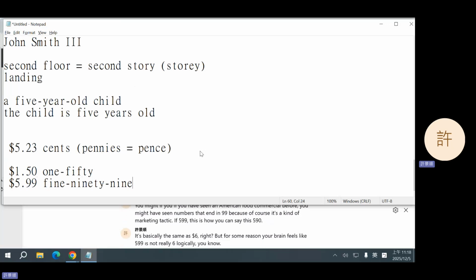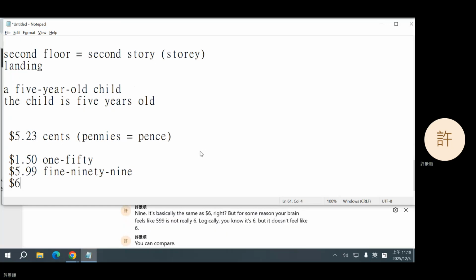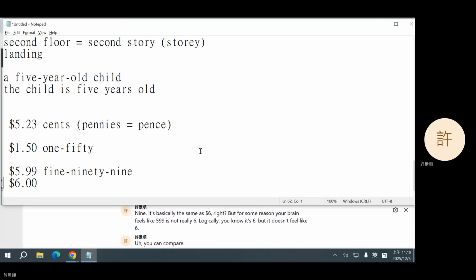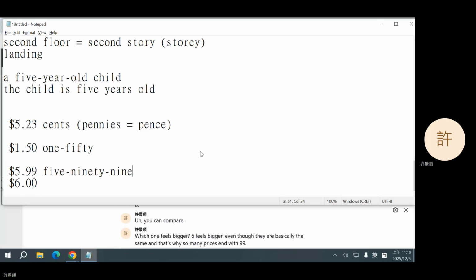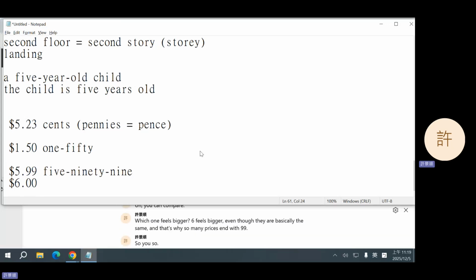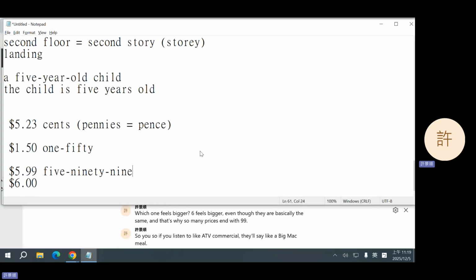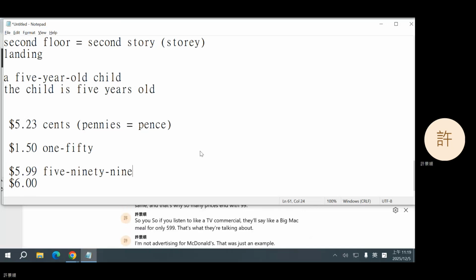Logically, you know it's 6, but it doesn't feel like 6. You can compare. Which one feels bigger? 6 feels bigger, even though they are basically the same. And that's why so many prices end with 99. So if you listen to a TV commercial, they'll say like a Big Mac meal for only $5.99. That's what they're talking about. I'm not advertising for McDonald's. That was just an example.